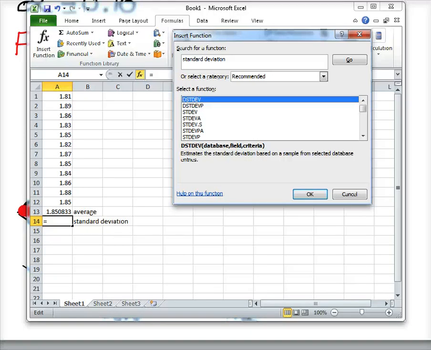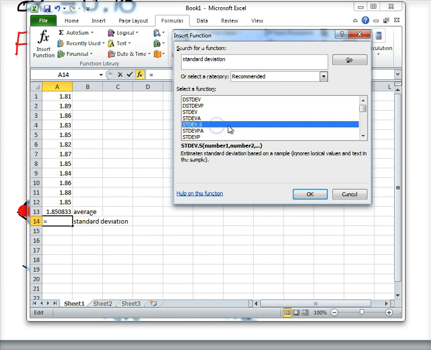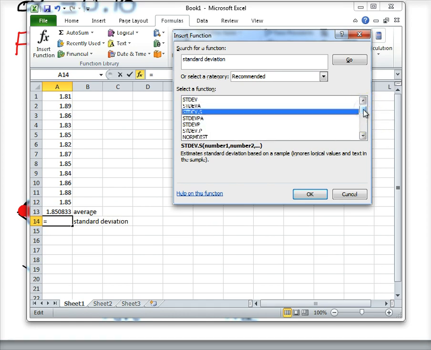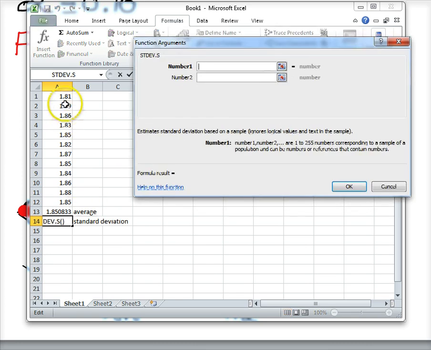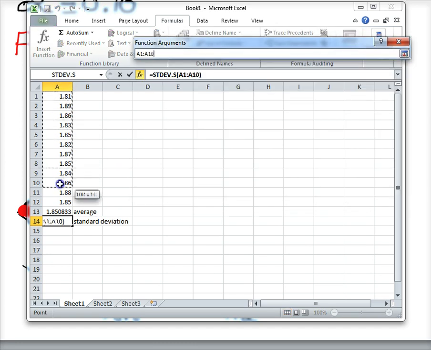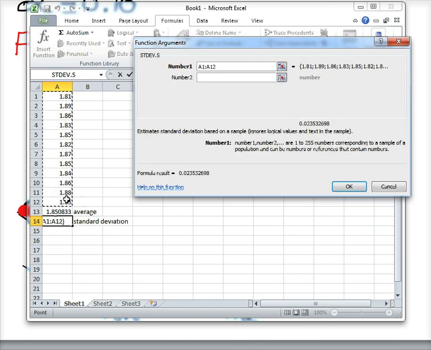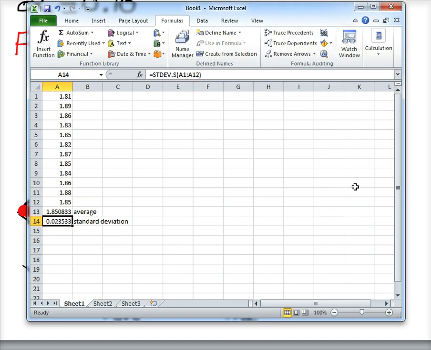You may see STDEV.S or STDEVS, depending on the version. We do want to find sample standard deviation. I'm going to highlight the 12 data points that are the sample, being careful not to include the average in that value because it's not part of the sample, and I'm finding the standard deviation.